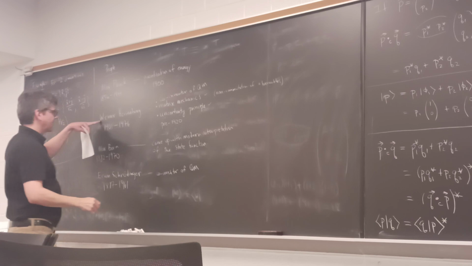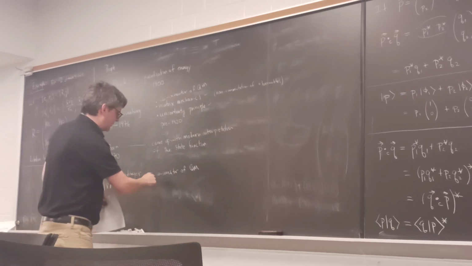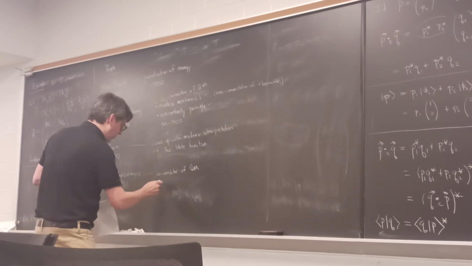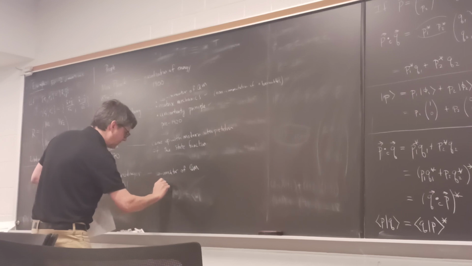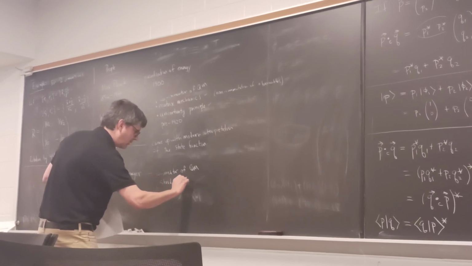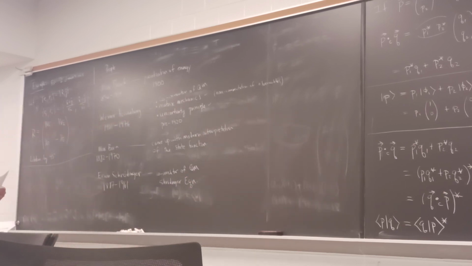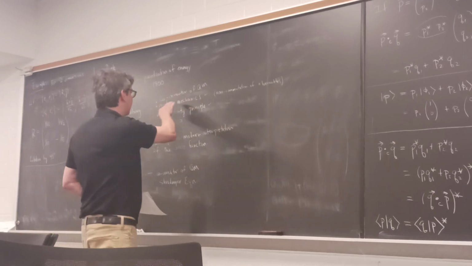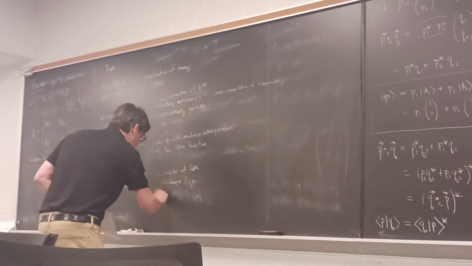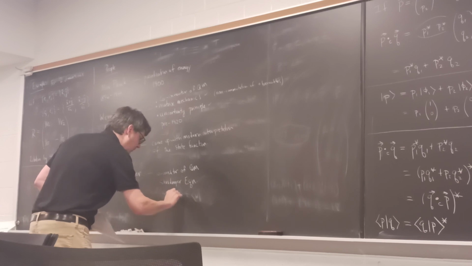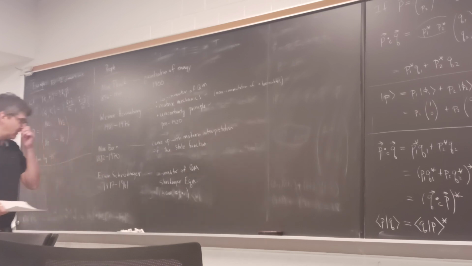So it was basically Heisenberg and Schrödinger, and he came up with the Schrödinger equation, which was a wave equation, which was very different than this matrix mechanics. Okay.